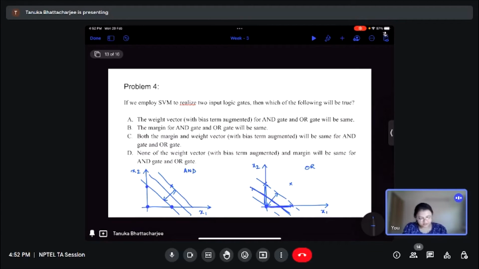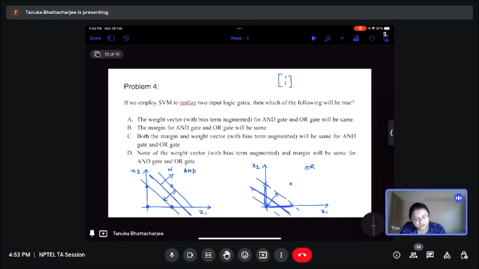So for example, this is our decision surface, right? Our weight vector will be perpendicular to this. In this case, our weight vector is at a 45-degree angle with the x1 axis, and that will give us the optimum decision surface. So w will be given by 1 1, since it is at a 45-degree angle.